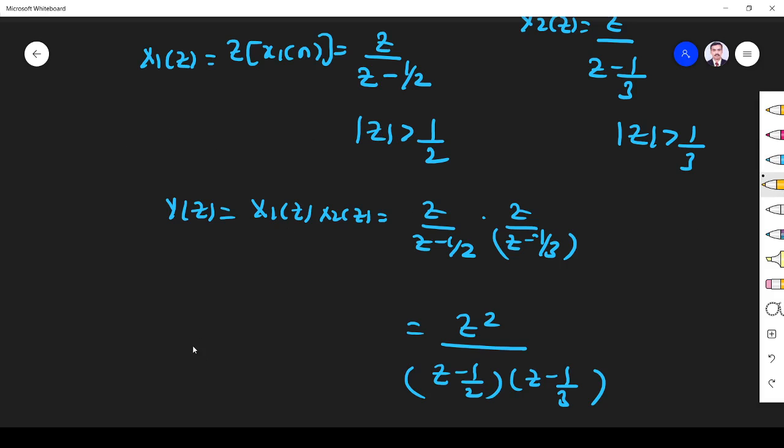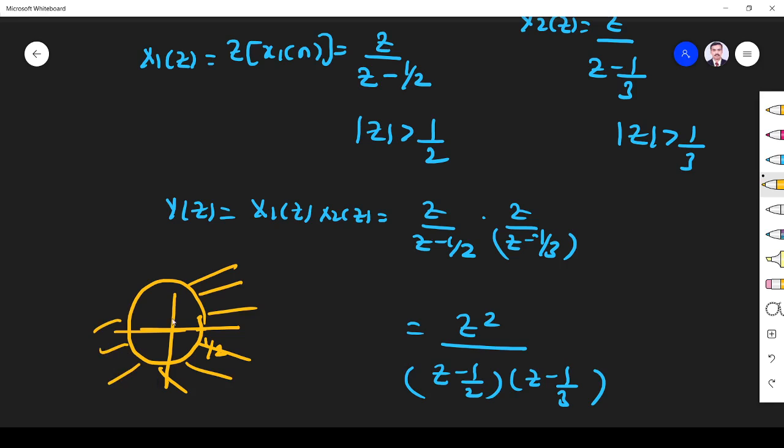This one has ROC greater than 1 by 2, so this one will be going away outward. The second one has ROC greater than 1 by 3, so it is going like this.